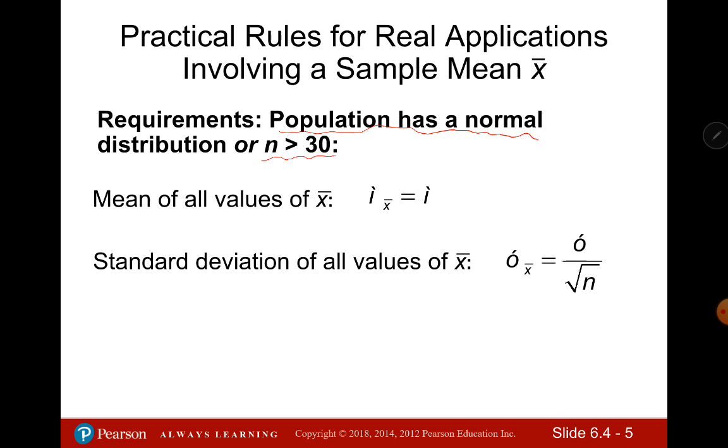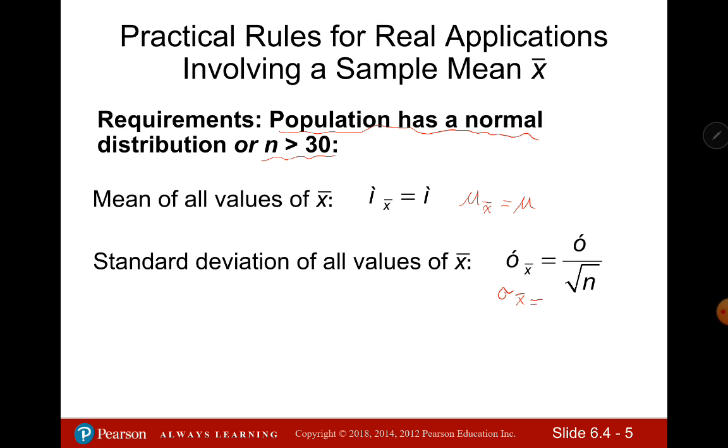Let's see how we use the central limit theorem. The formula is not shown correctly, so make sure you check my handwriting. Here, the mean of all the x bars, or the mean of all the sample means, is just the population mean. So the mu is just the population mean. Another rule is here. This one should be the sigma.